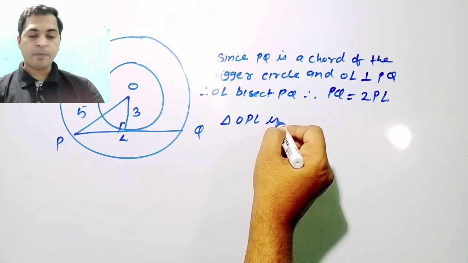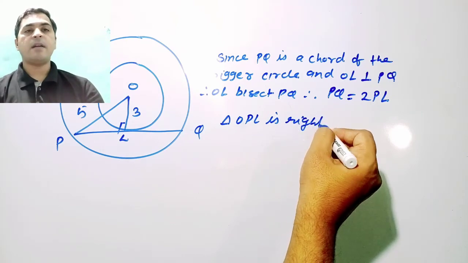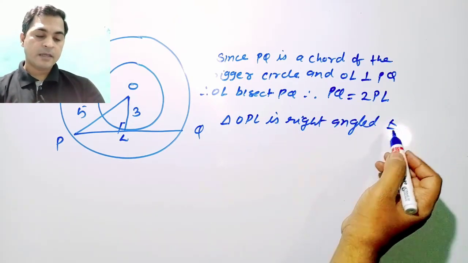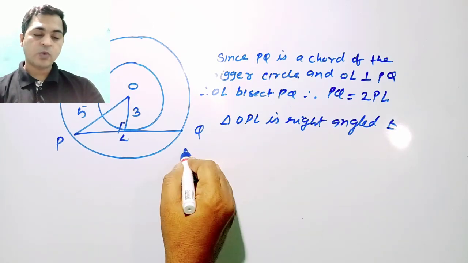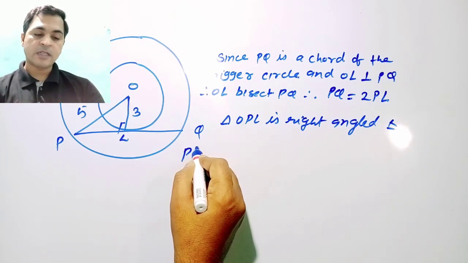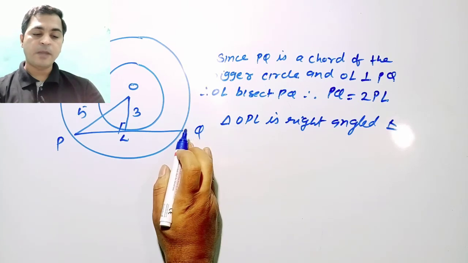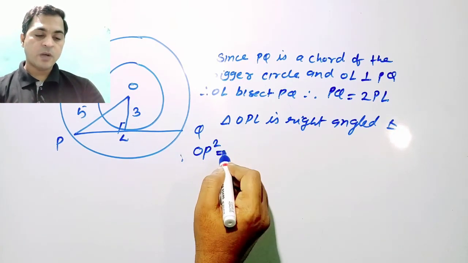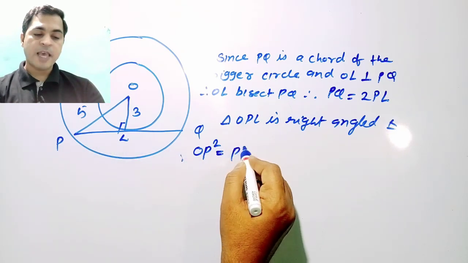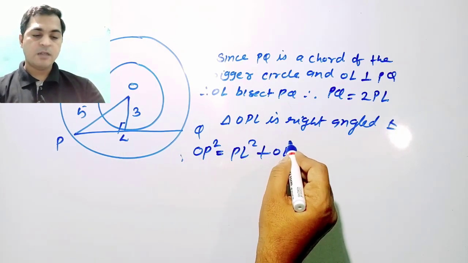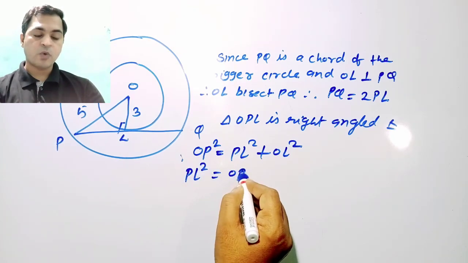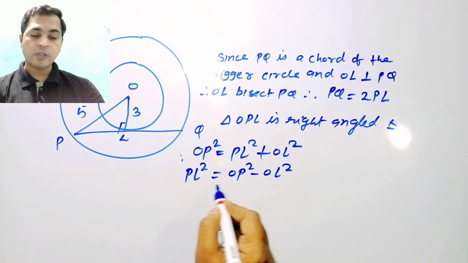So triangle OPL is a right angle triangle, and we can see that two sides are known and the third side is unknown. Means what is unknown? PL is unknown, so we can apply the Pythagoras theorem. OP square is equal to PL square plus OL square, right? So we want to find PL square, so this will be OP square minus OL square.